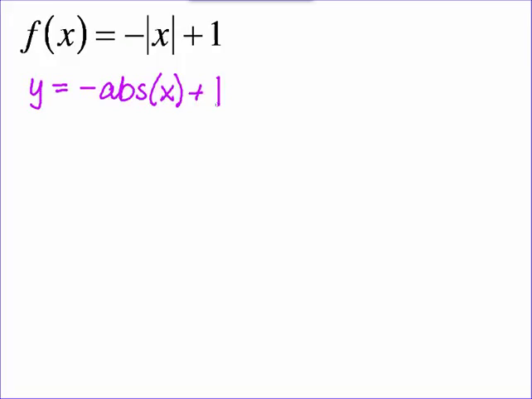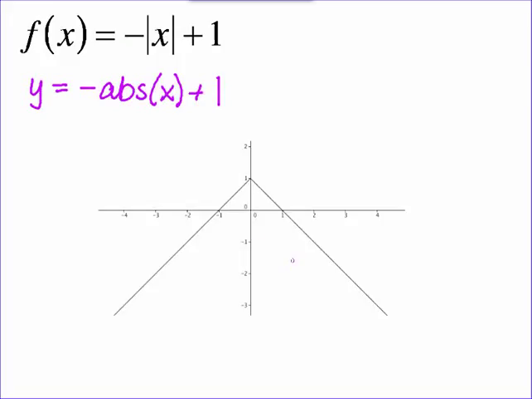Chances are, come test time, we're going to have to do this on your test. So what do you notice is the big difference about this one? It's negative. So what happens when it's negative? It goes the other way. So it goes upside down.